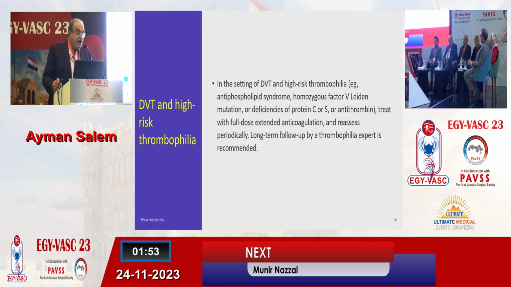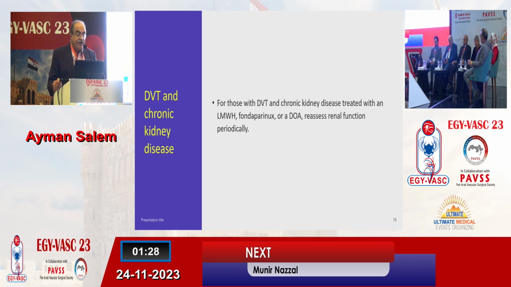DVT with high-risk thrombophilia: in the setting of DVT and high-risk thrombophilia, such as antiphospholipid syndrome, homozygous factor V Leiden mutation, or deficiencies of protein C or S or antithrombin, treat with full-dose extended anticoagulation and reassess periodically. Long-term follow-up by thrombophilia experts is recommended.